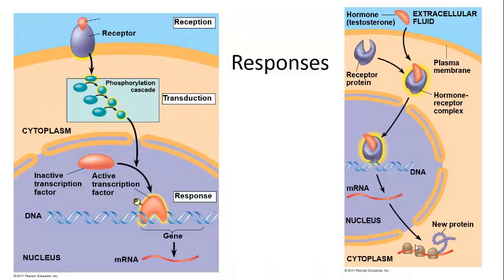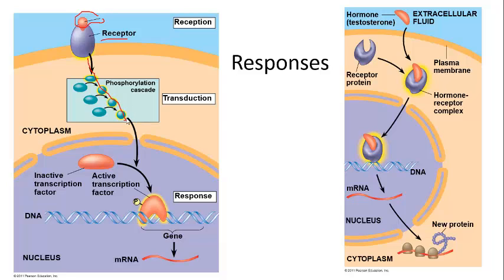Here we see some pictures of responses. In this picture here on the left, the ligand right here is going to be the growth factor. Growth factors are proteins. They're polar. So any ligand that's polar is going to bind to a receptor on the cell membrane. Then you see transduction take place with a phosphorylation cascade.